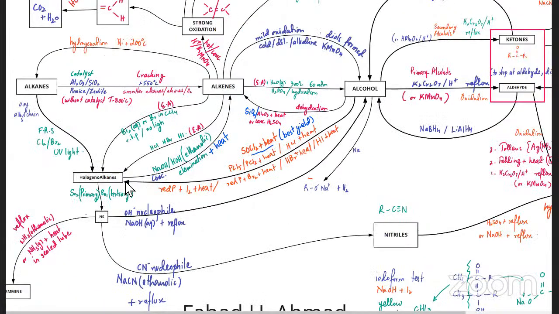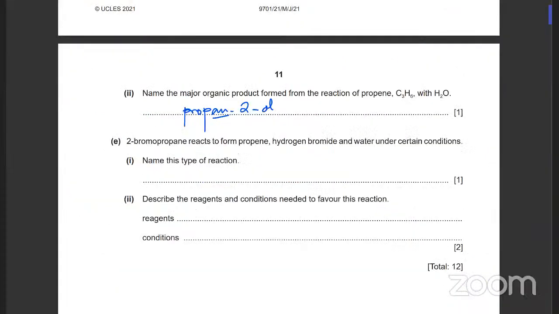When you have a halogenoalkane, you react it with NaOH or KOH ethanolic plus heat, or concentrated NaOH or KOH ethanolic. The halogen leaves, and when the halogen leaves, you get a double bond. It forms an alkene. So this reaction, he's talking about 2-bromopropane. So the type of reaction is elimination.